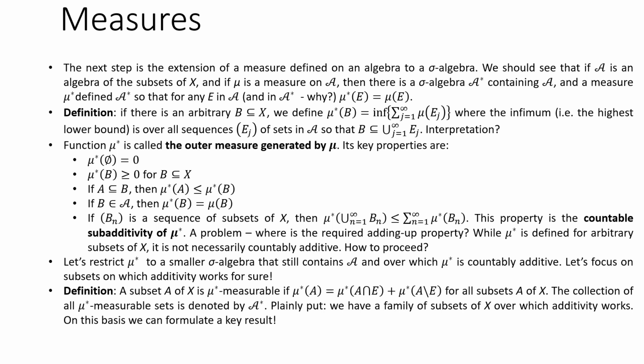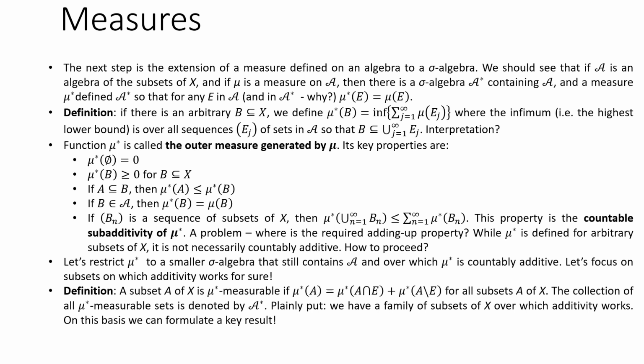Formally put, what we are looking for is a proof that ensures that if we have an algebra and a measure defined on this algebra, there is a sigma algebra and a measure on this sigma algebra, so that the two measures are equal for any given set.